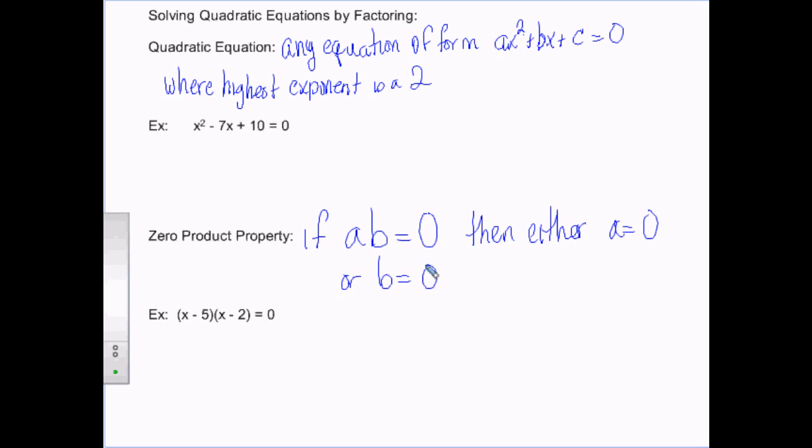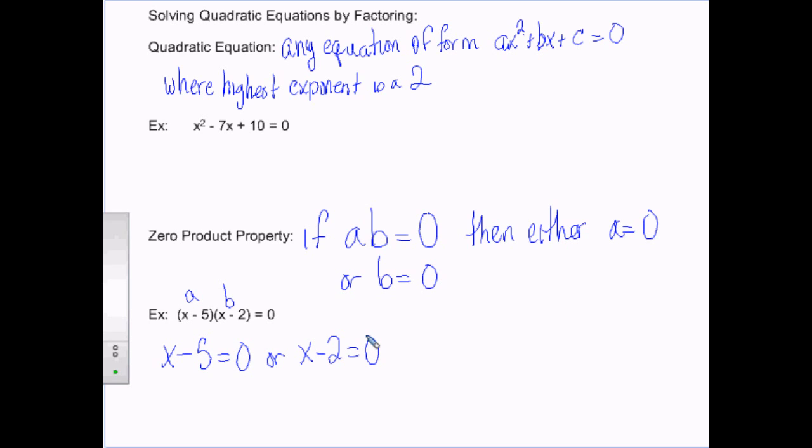Well, using the zero product property, we can use that to solve the equation. So I have x minus 5, that would be A, and x minus 2, that would be B. A times B equals 0. That means this equals 0, or this equals 0.